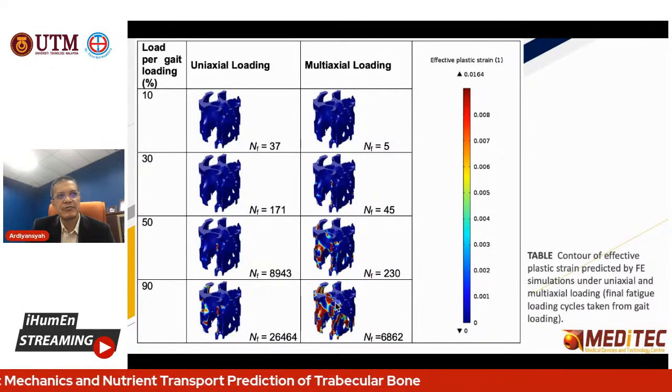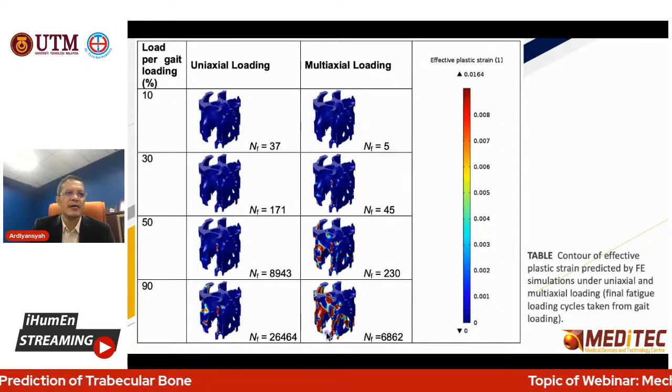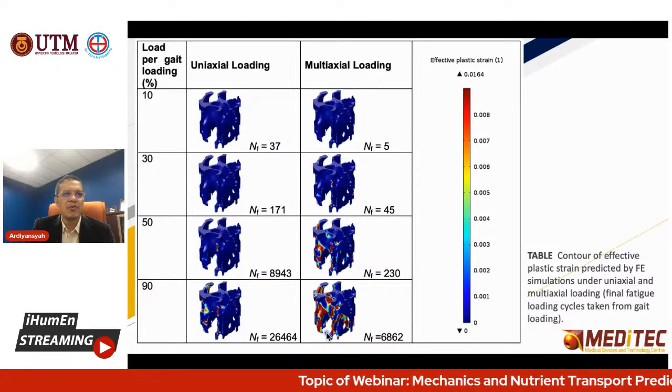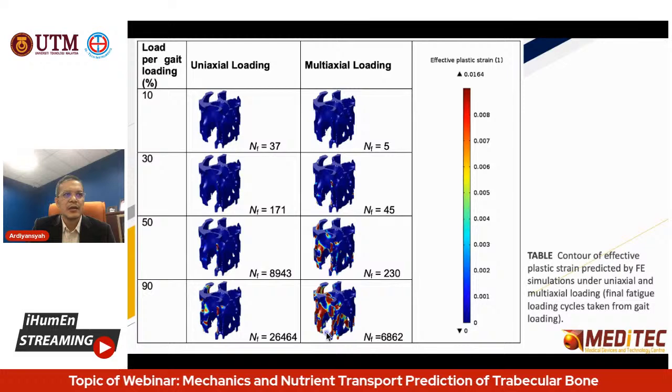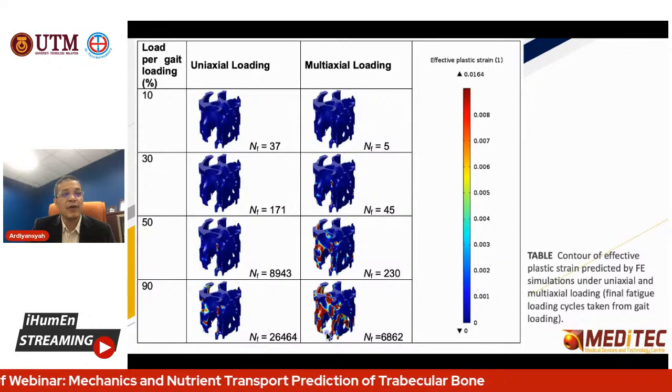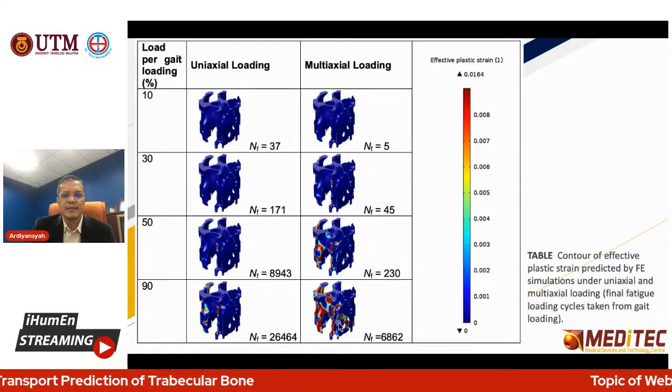There is a red one that is near to failure of the cancellous bone. So multi-axial loading causes faster failure in the trabecular bone structure.